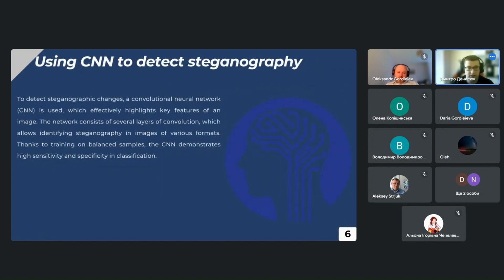Using CNN to detect steganography: CNN is used in the study because it is capable of processing and analyzing images, highlighting features and patterns, which may indicate the presence of hidden data.